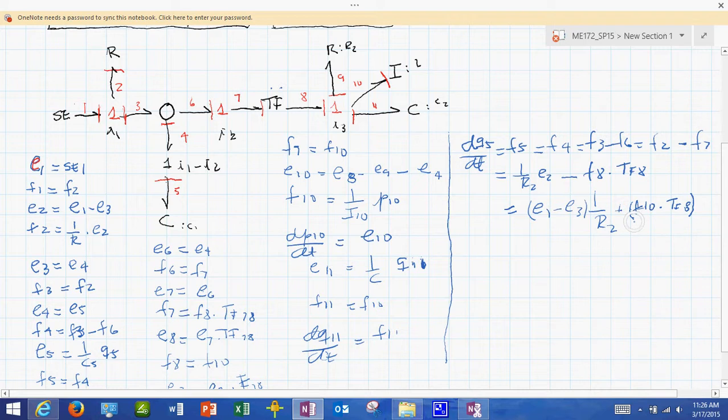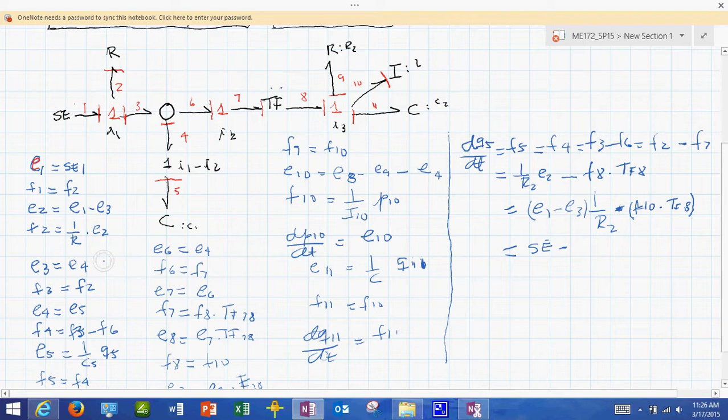F sub 8. So this is going to be minus right here too. And so we continue. This is E1 minus E sub 3, which is E sub 4.